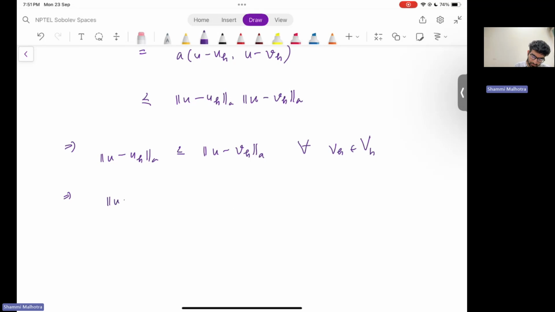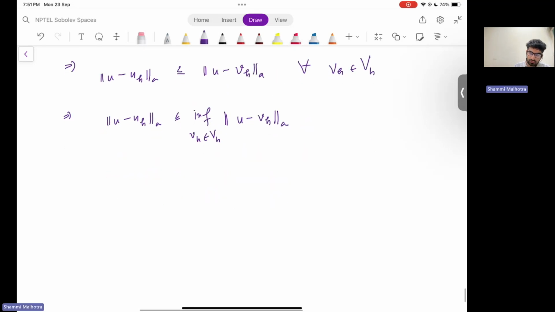So the norm of u minus u_h in A is less than or equal to the infimum over all v_h in V_h of the norm of u minus v_h in A. The other side of the inequality follows directly from the definition.